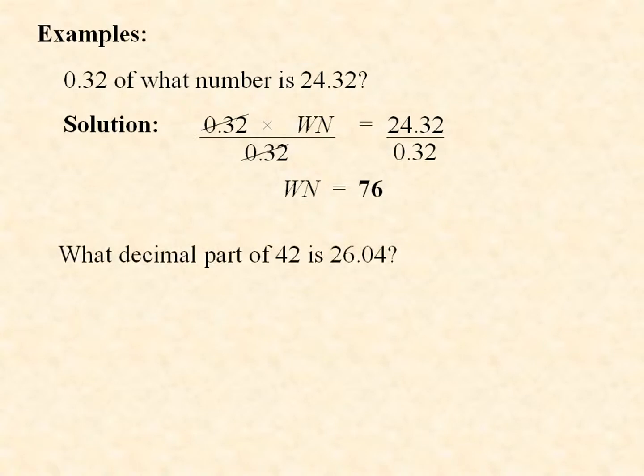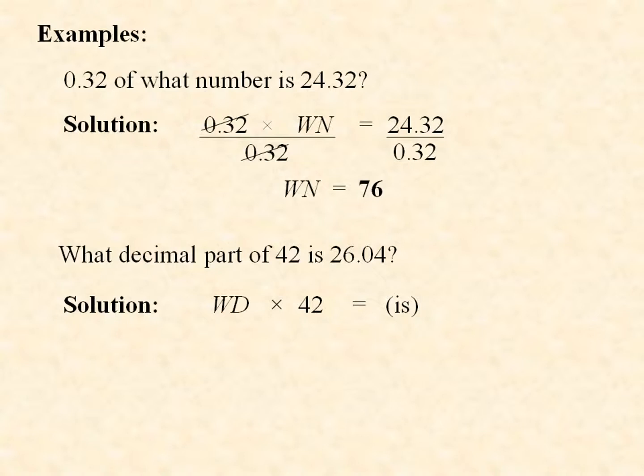What decimal part of 42 is 26.04? We look at our pattern. D times of equals is. The decimal part is what we don't know, so we will write WD for what decimal.